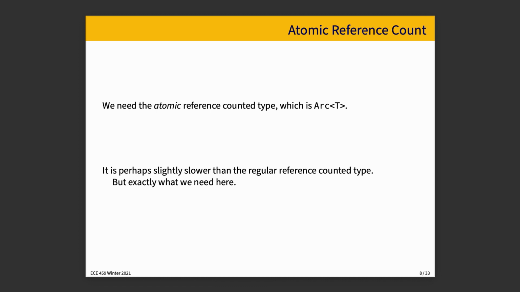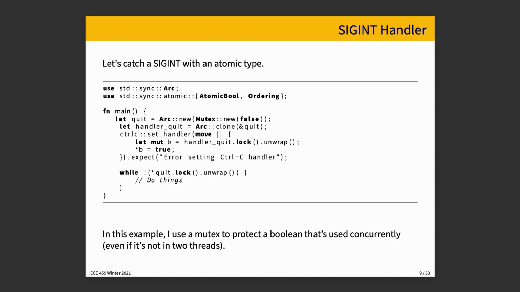So here's a quick example of a little program where I wanted to catch a SIGINT using an atomic type. The program in question, where the do things comment exists, was actually about receiving incoming connections and then sending back a response. So it was a little network program, not super exciting in that regard, unless you really are into socket programming.